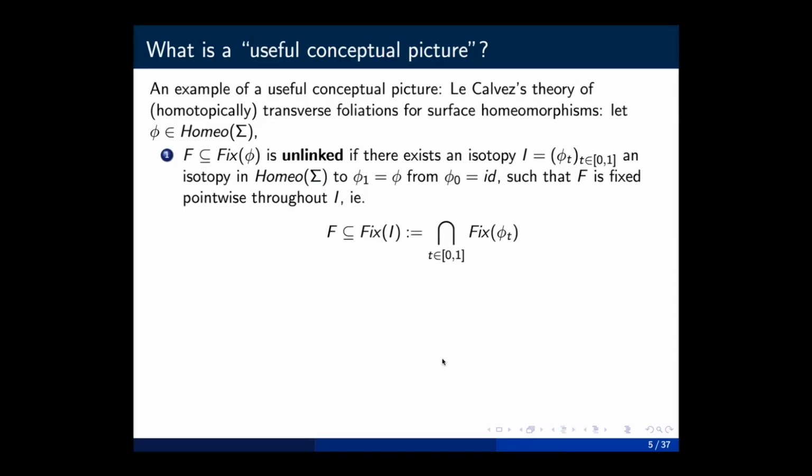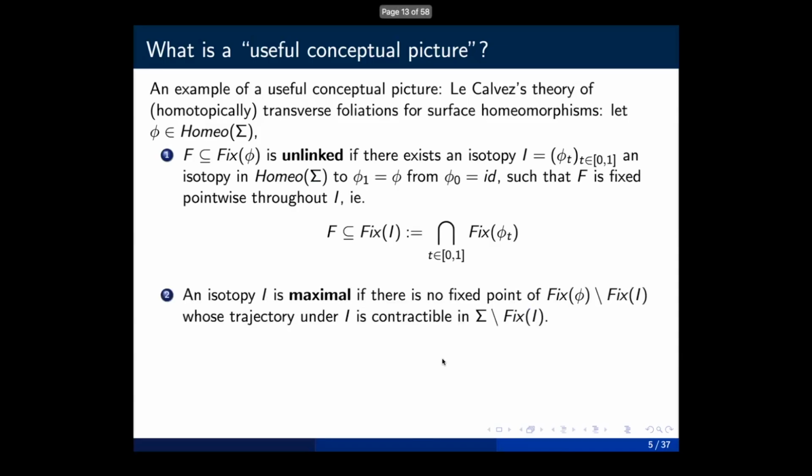Here are some terms that we need to understand this. A set of fixed points is going to be unlinked if you can find an isotopy from the identity to the time one map that fixes those points throughout. The isotopy is going to be maximal if you can't find another fixed point such that you can contract the trajectory relative to the other fixed points that have already been fixed.